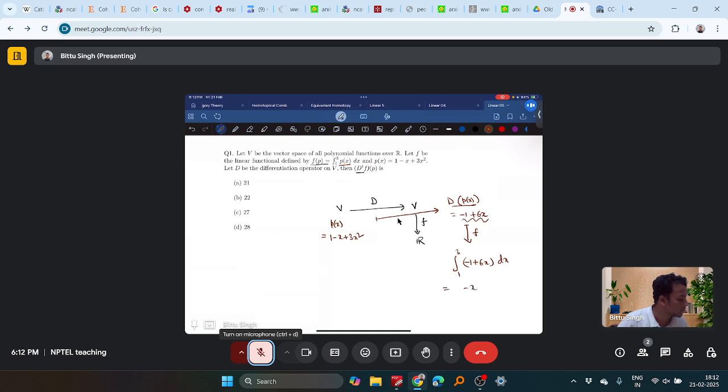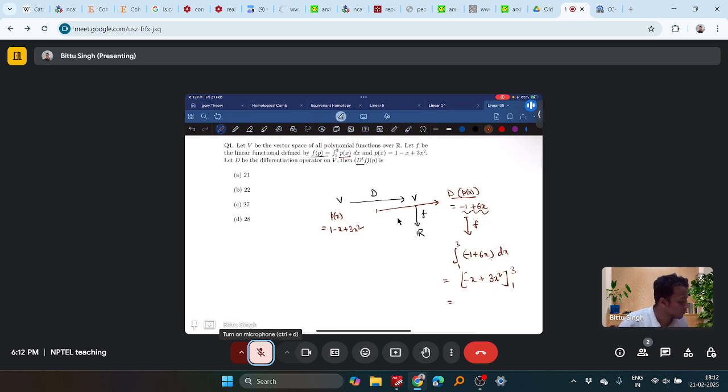Clearly this is minus x plus 6x squared by 2, which is 3x squared. Now put the values 1 to 3. So this will be minus 3 plus 27 minus minus 1 plus 3. So this value is 24 minus 2, which is 22.